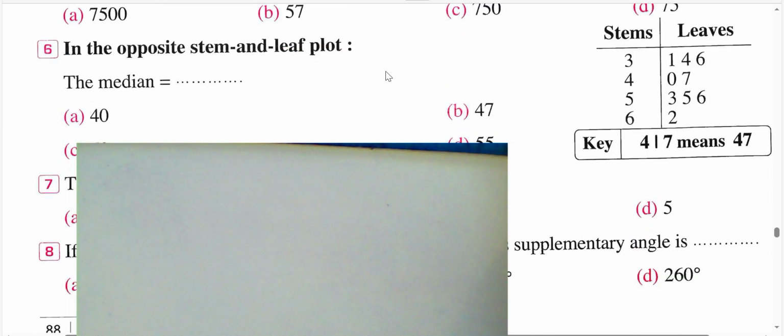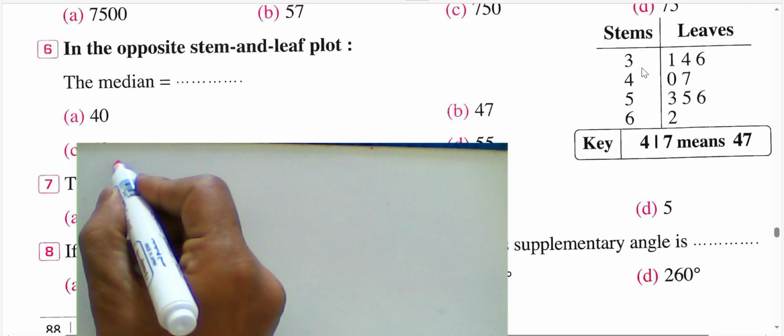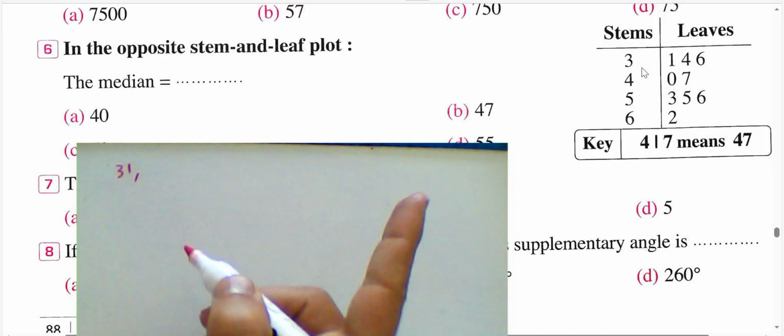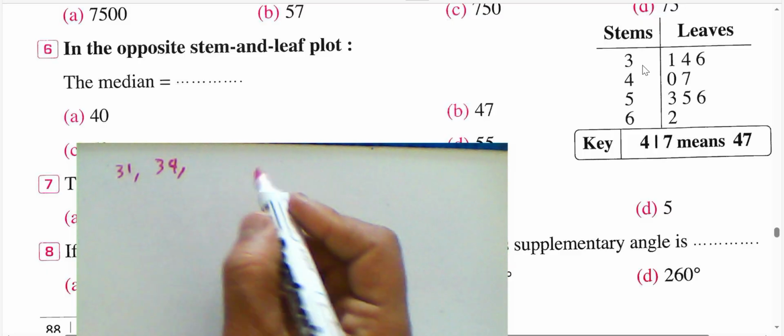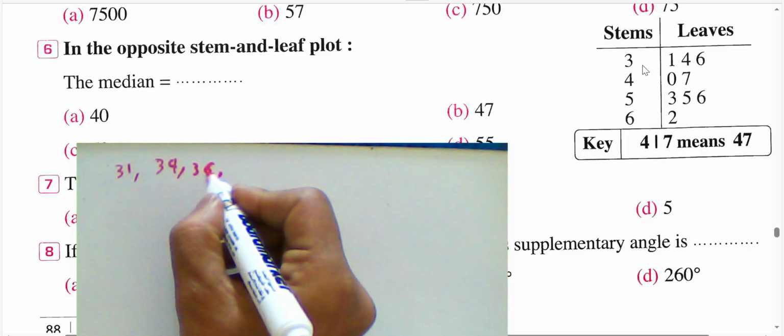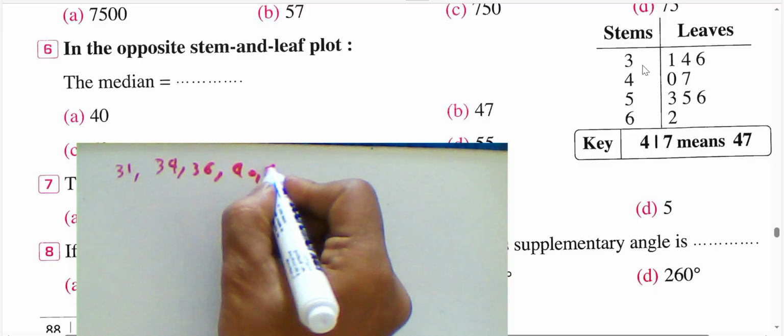We have a stem and leaf plot here. We want to find the median. First number was 31. Write with me, 31. And second, look here, 3 and 4: 3 is the tens, 4 is the ones, it will be 34. And then 36, 40, 47.